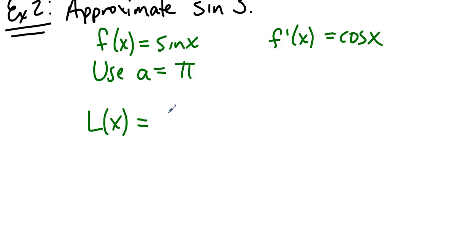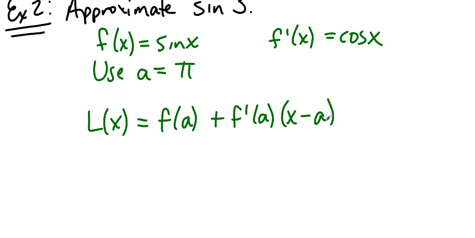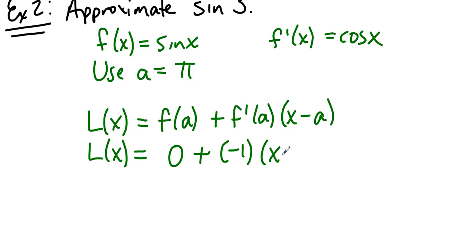L of x is f of a plus f prime of a times x minus a, where a is pi. So f of pi, that's sine of pi, that's 0, plus f prime of a, that's cosine of pi, that's -1, times x minus a.